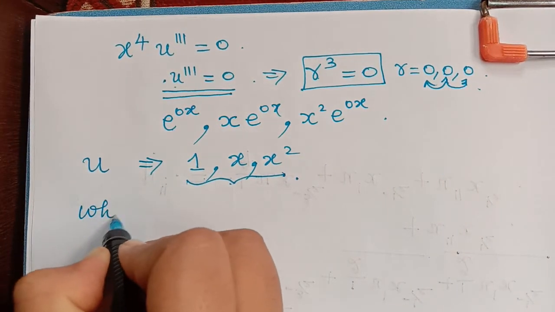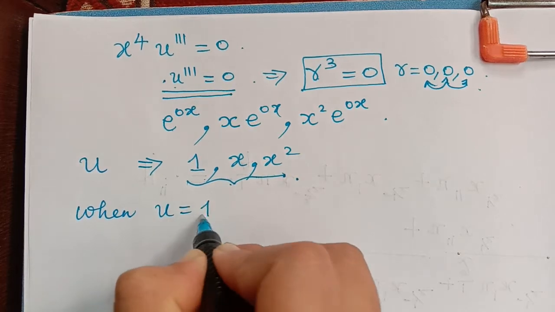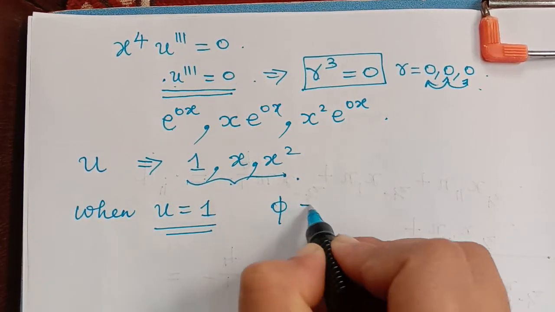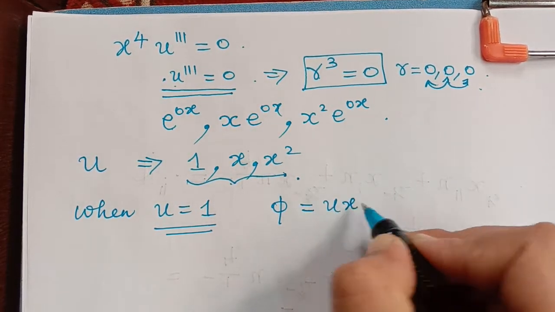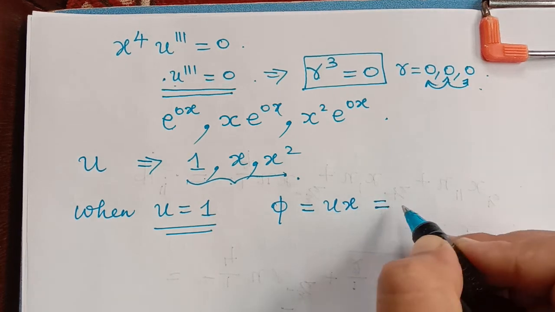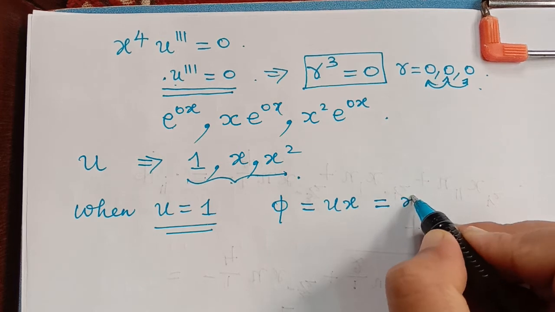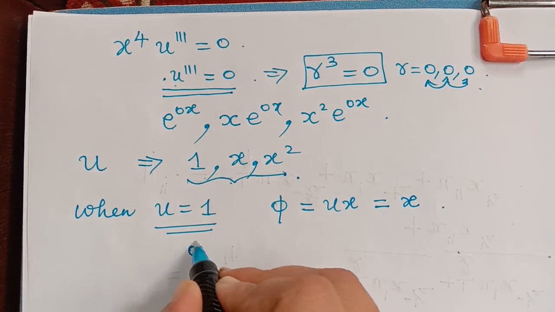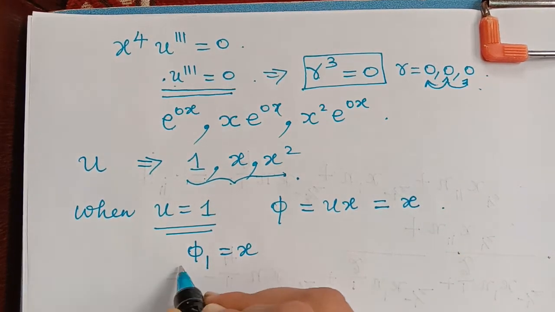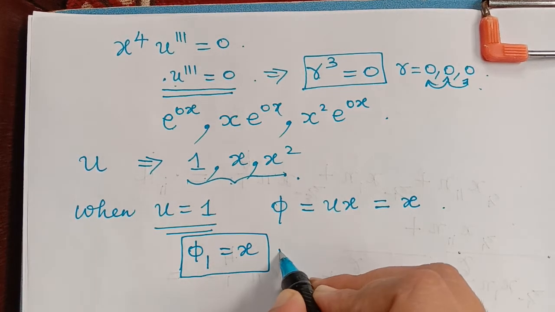So when u is equal to 1, what will be phi? Phi is equal to ux. So when you substitute 1 here, it will be x. So one of the solutions, phi 1, is equal to x, which is already given in the question.